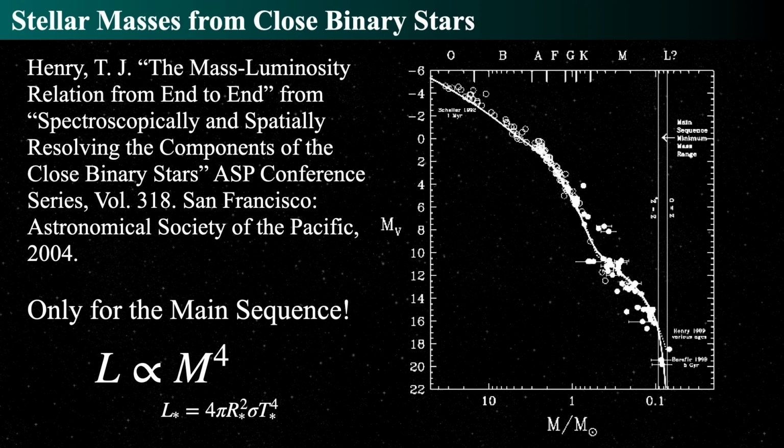We haven't gotten to the main sequence yet, but let's look closely at this. We have some sort of interesting relationship between m sub v, which is the luminosity of a star, and its spectral type, OBAFGKM, and the very low mass L type stars, or maybe T and Y get tossed in there if we want to talk about brown dwarfs too.